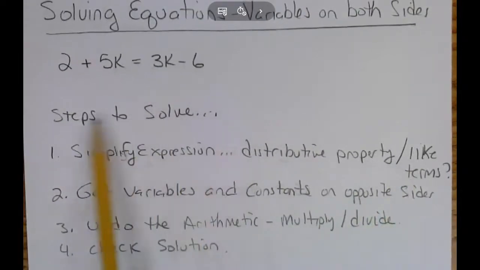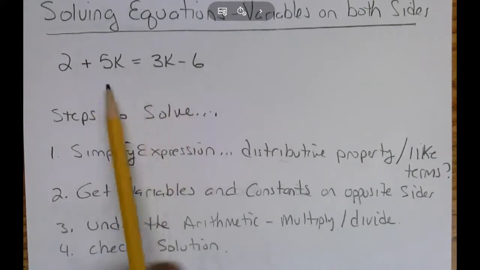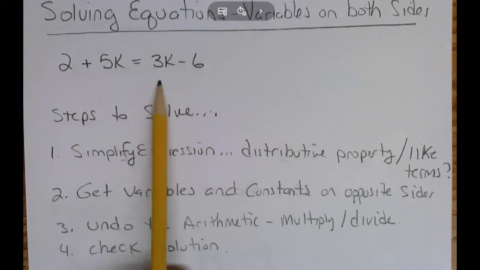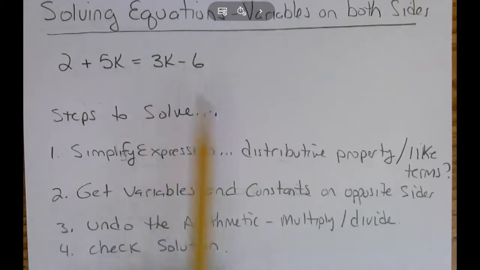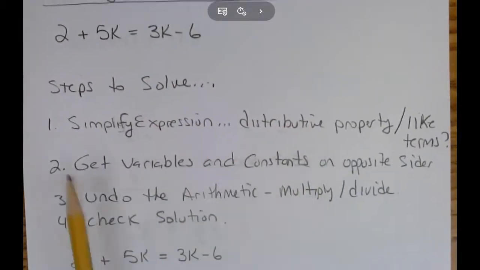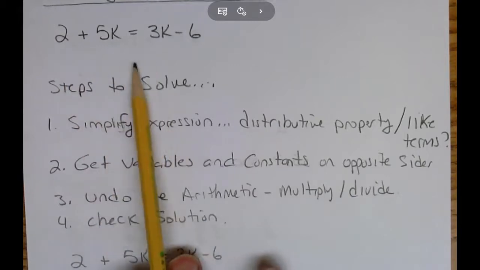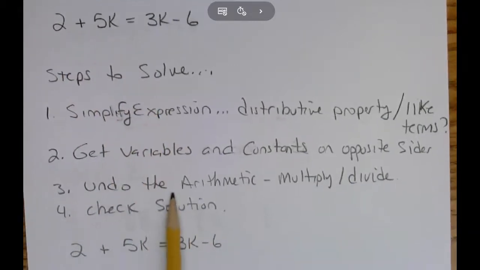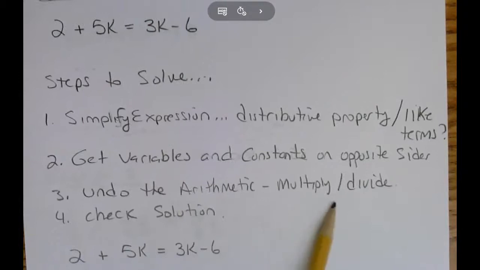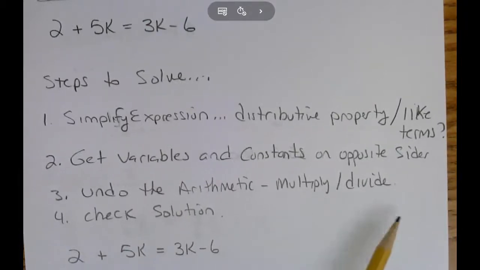Here we're not going to need to do anything with the distributive property, but I'm going to show you some examples in a bit. The next step is get variables and constants on opposite sides. That's the first step we're going to do with this one. Then undo the arithmetic, multiply and divide, to solve for the variable. And then finally you should check your solution and make sure you have the right answer.